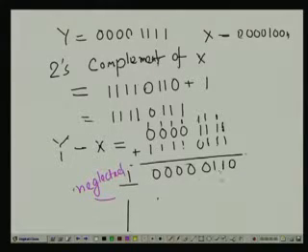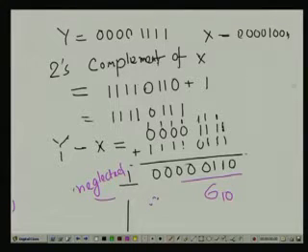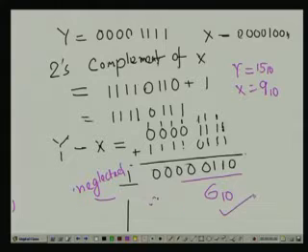Then see, again the value becomes 6 decimal value, and earlier y was 15 in decimal, x was 9 in decimal, and the result is correct now.